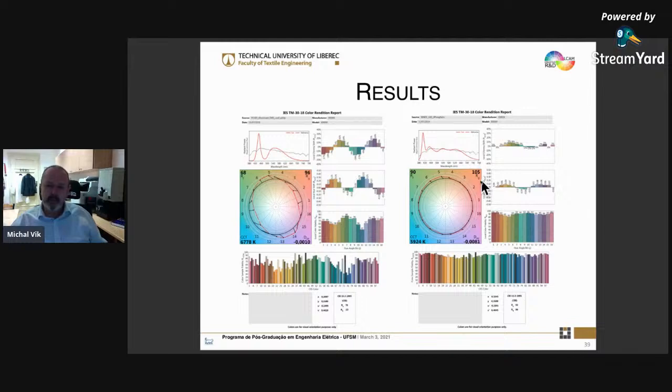The Gamut Index is almost 100, only 105. But what is important, the shift is quite small, and the general rendering is relatively high, 90, in comparison to 68 and 96 for these blue chip-based white LEDs.